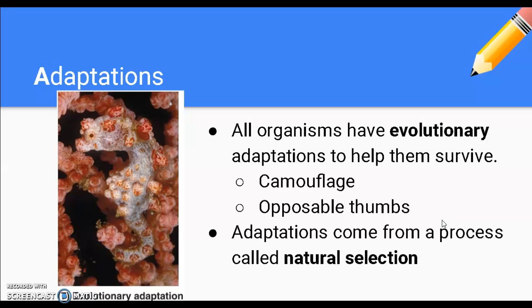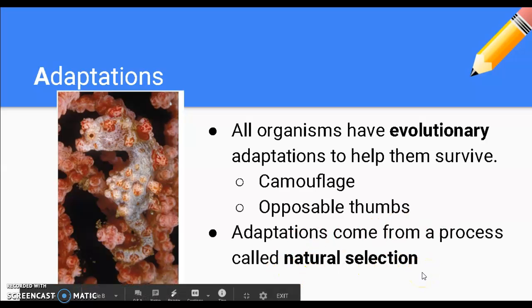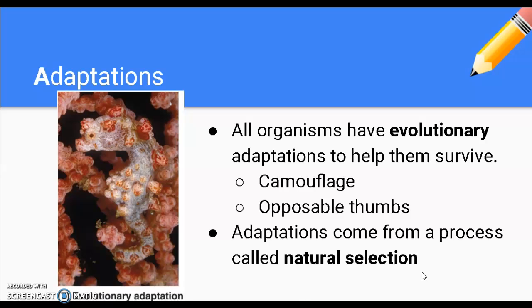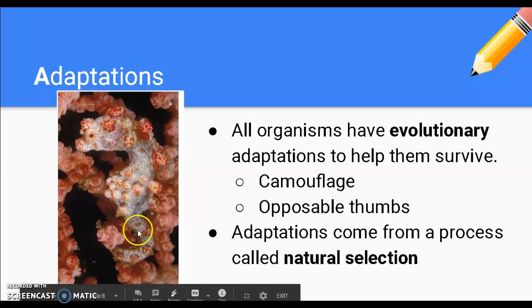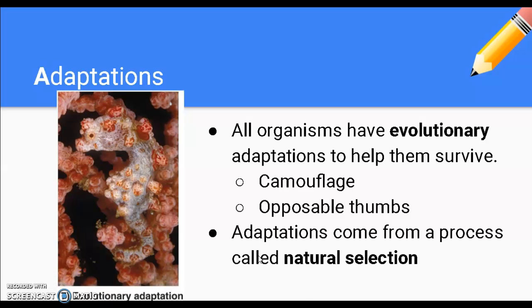And later on this year, we will talk more about natural selection and how it creates adaptations. The one thing I want to say about an adaptation is it is something that organisms are born with. So, like the seahorse is going to be born with the ability to camouflage, and humans are born with opposable thumbs.